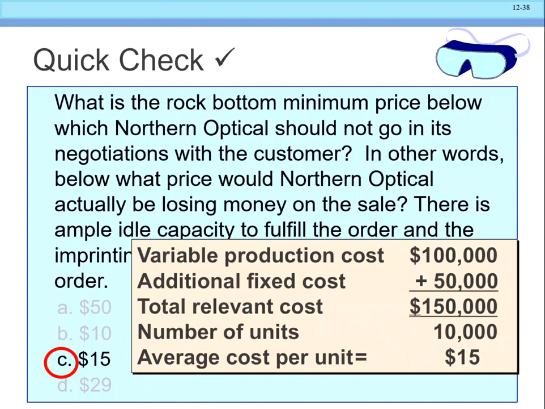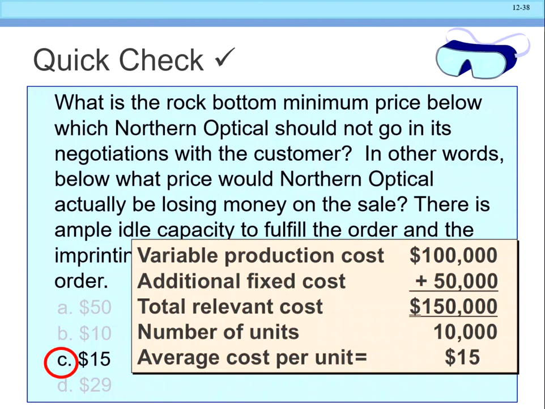Then for make or buy decisions, you need to consider relevant costs so that you can arrive at the correct decision. In our example, to make it was $30, to buy it was $25, but within the making cost of $30, there were costs that are not relevant.